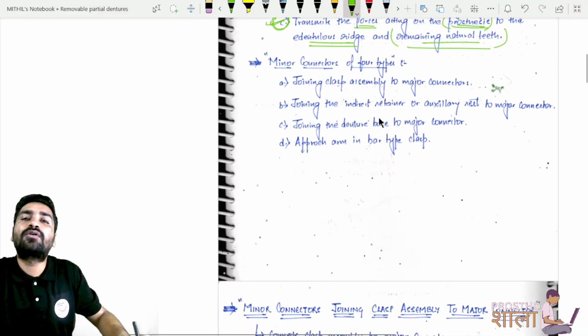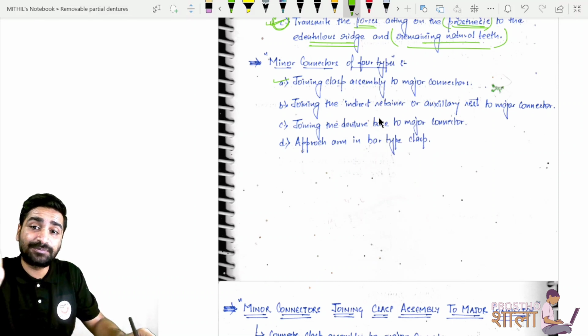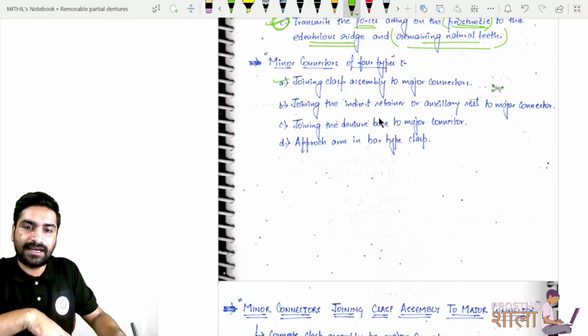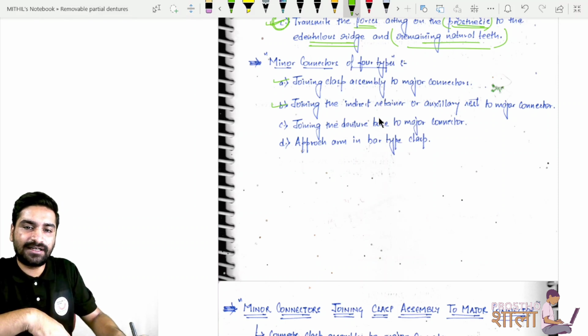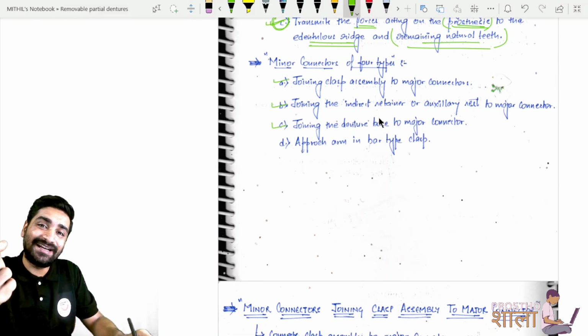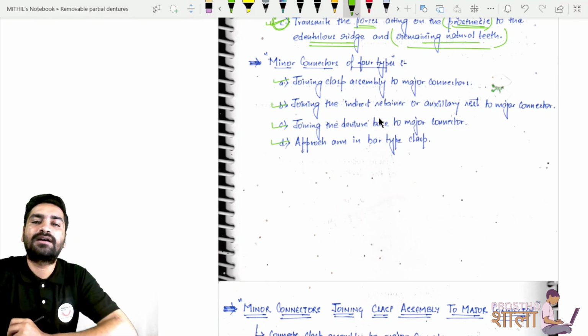There are different types of minor connectors. There are four types. First, which joins the clasp with the major connector. Second, which joins the indirect retainer or the rest with the major connector. Third, which joins the denture base with the major connector, and fourth is the approach arm in bar type clasp.